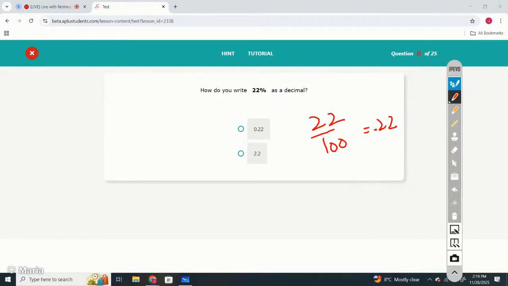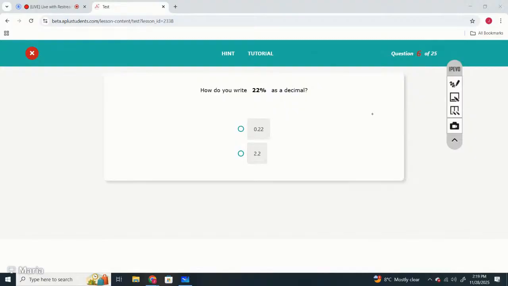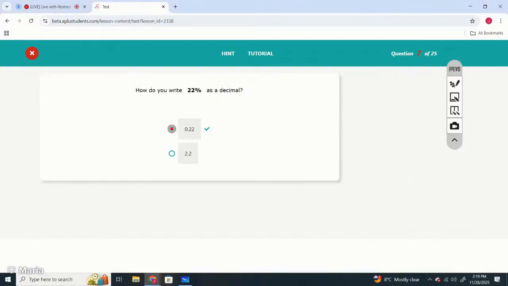Option number 1 is the correct option. The correct option is option number 1, that is 0.22.